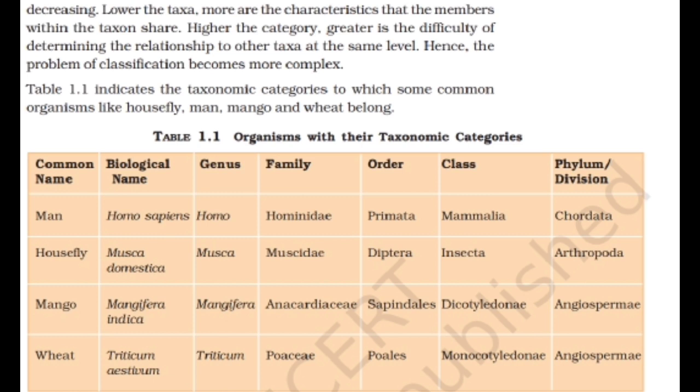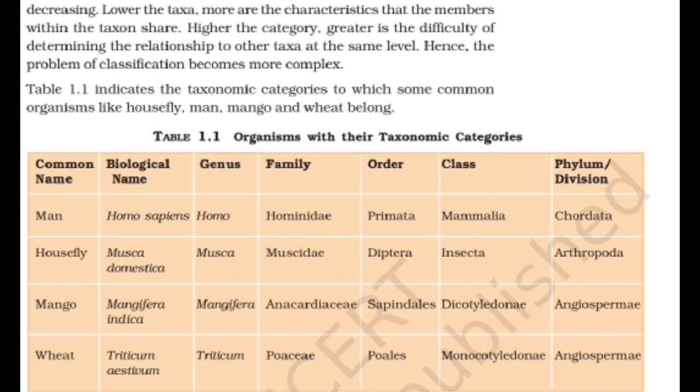Table 1.1 Organisms with their taxonomic categories. Common name man, biological name Homo sapiens, genus Homo, family Hominidae, order Primata, class Mammalia, phylum or division Chordata. Common name housefly, biological name Musca domestica, genus Musca, family Muscidae, order Diptera, class Insecta, phylum or division Arthropoda.